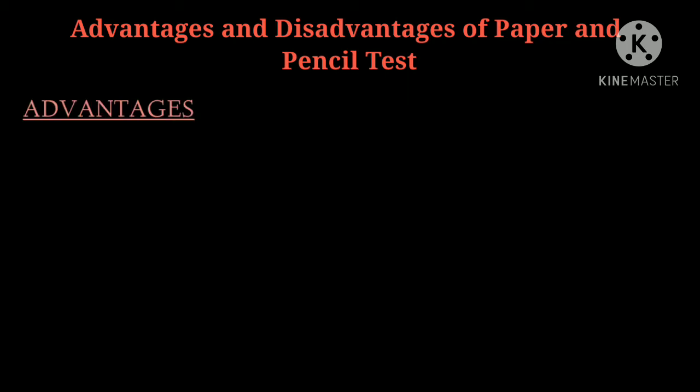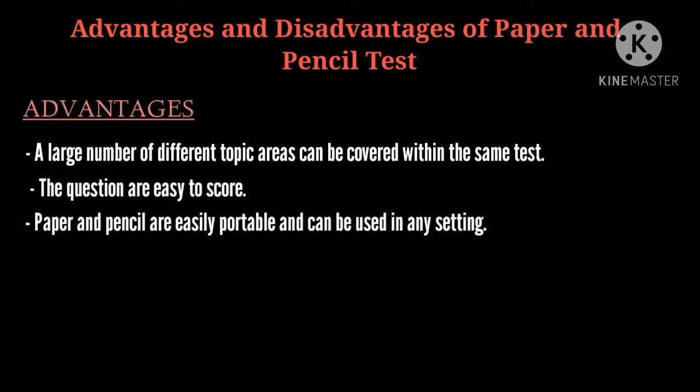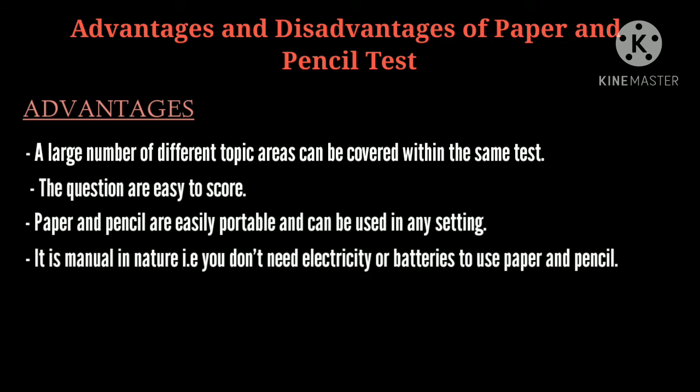So we have advantages and disadvantages of paper and pencil tests. The advantages: a large number of different topic areas can be covered within the same test. Next, the questions are easy to score. Paper and pencil are easily portable and can be used in any setting. Next, it is manual in nature.